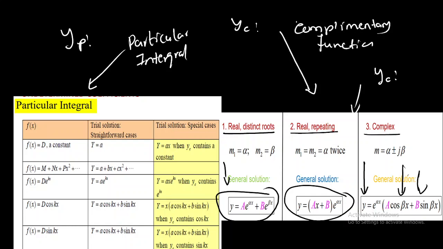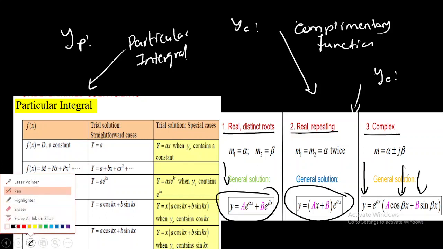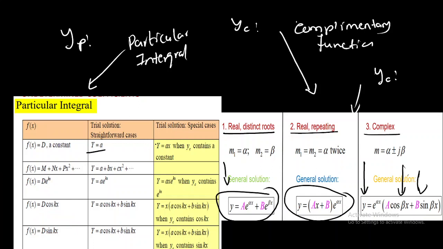When it comes to particular integral, if your right hand side is a constant, your straightforward case is y equals a. If it is a polynomial of second degree, this will be your straightforward case.